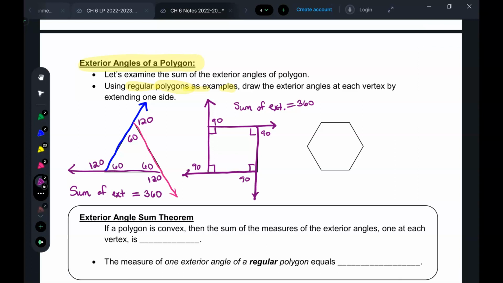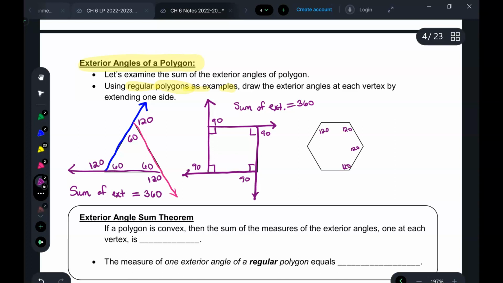Next, if we have a hexagon, is it going to change? No matter how many sides we have, what's the sum of the exterior angles? Do you think it's going to be smaller? Well, here, one interior angle would be 120.